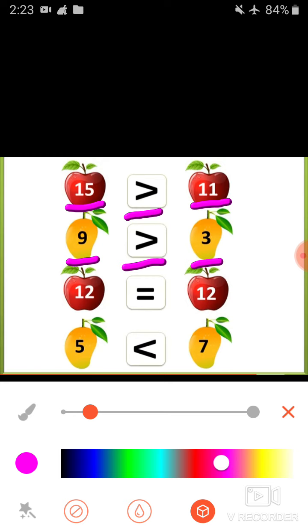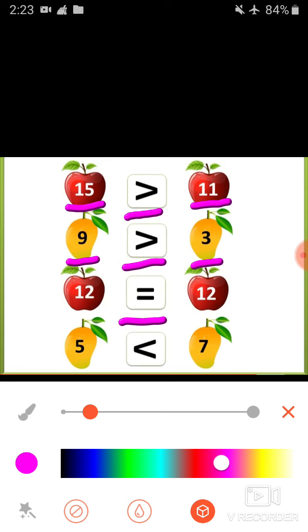Now students, look here, 12 and 12, both numbers are the same. So here we have to put the symbol equal to. Now in the next, 5 and 7. So students, the number 5 is less than the number 7.